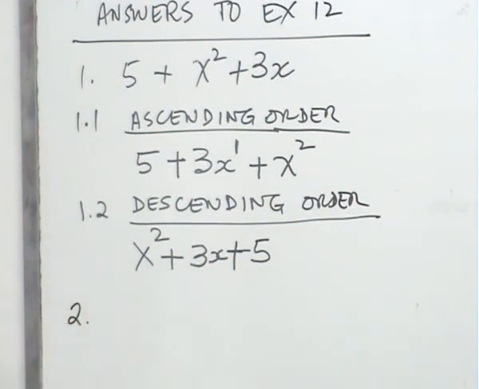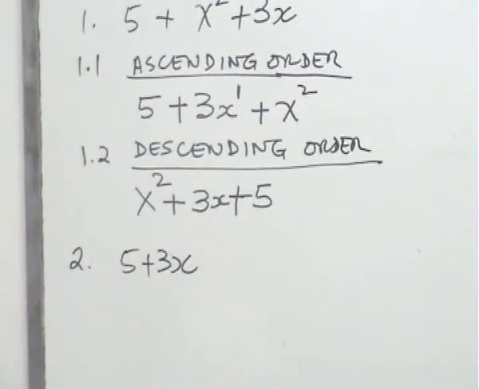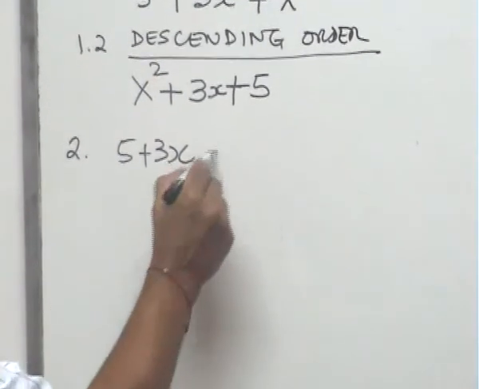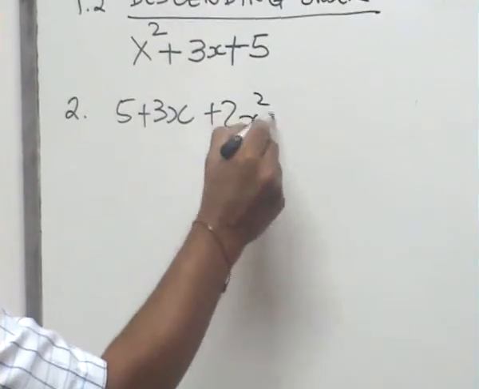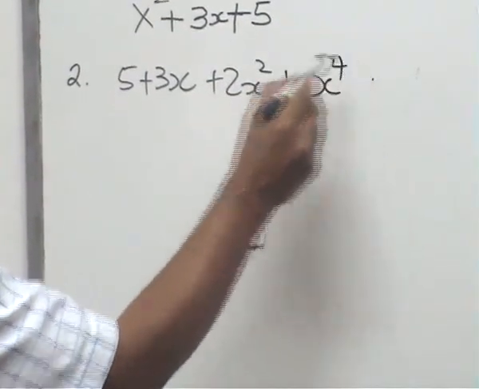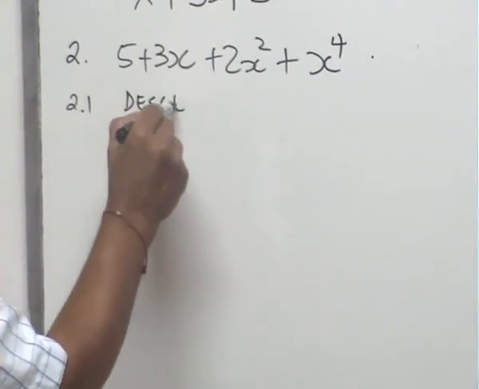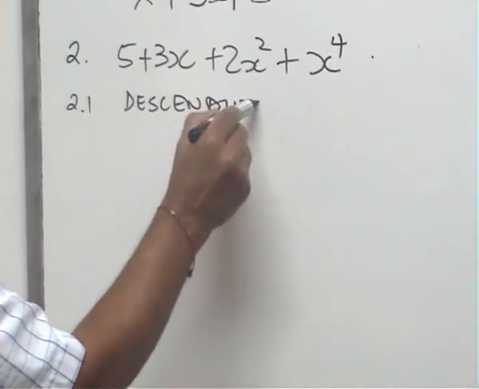Number 2, 5 plus 3x plus 2x squared plus x to the 4. 2.1. First, they want us to do it in descending order.